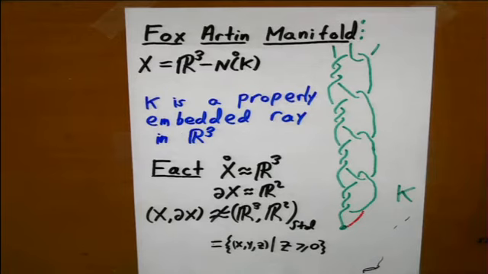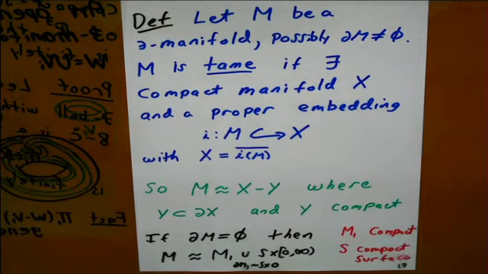So here's a definition that Dick made clear in the last lecture, stated in slightly different words: a manifold, or even a manifold with boundary, is tame if and only if it has a manifold compactification. So in the context of an open manifold without boundary, the manifold is tame if it's the interior of a compact manifold with boundary, possibly with empty boundary.